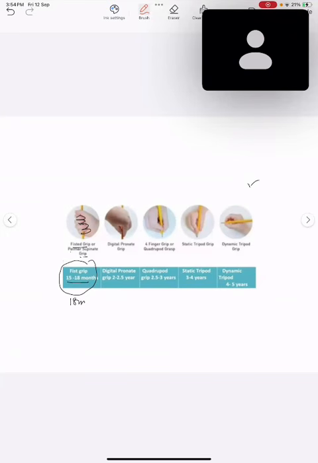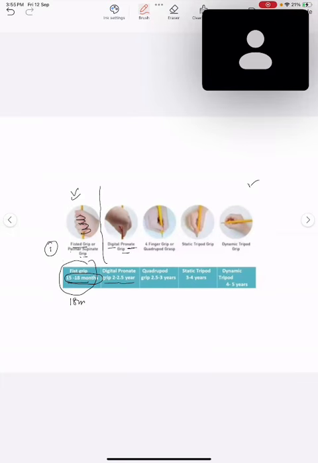If the child is holding the crayon in a fisted grip in supination, the age is 15 to 18 months. The next one is pronation of the grip. If the child is holding the crayon in a digital pronate grip, the more likely age is 2 to 2.5 years.